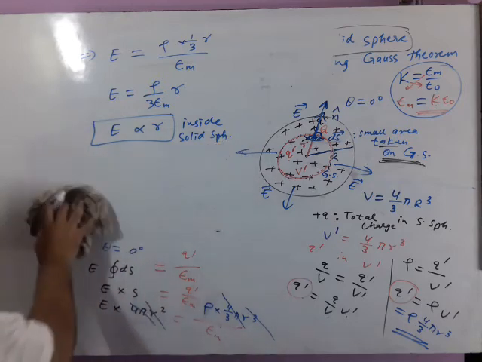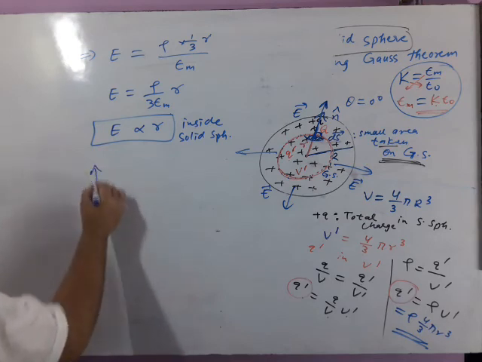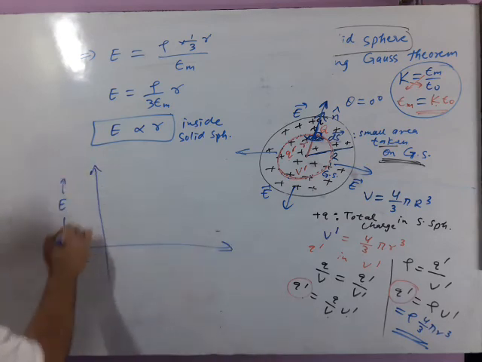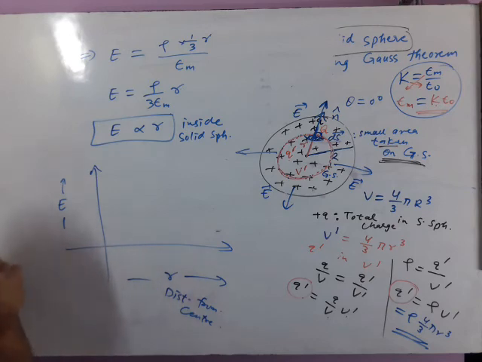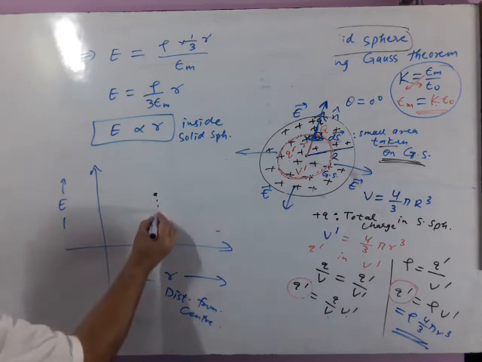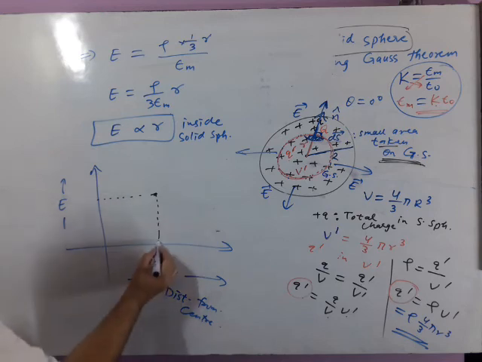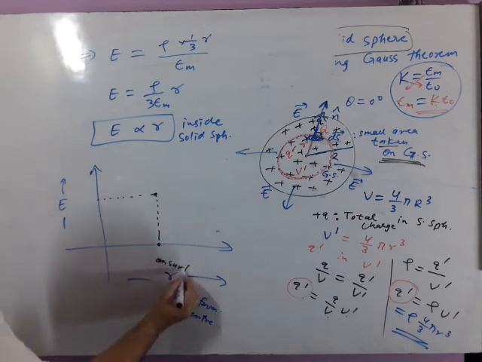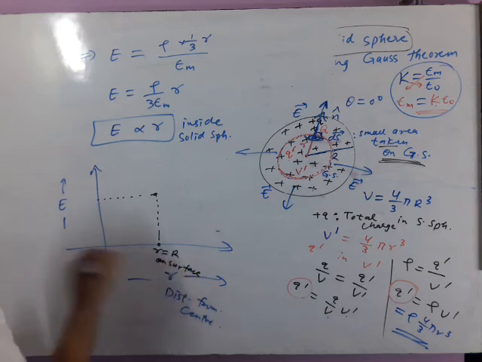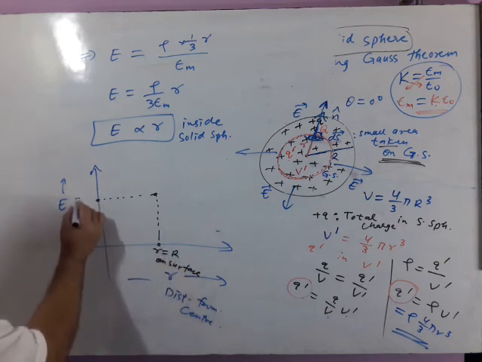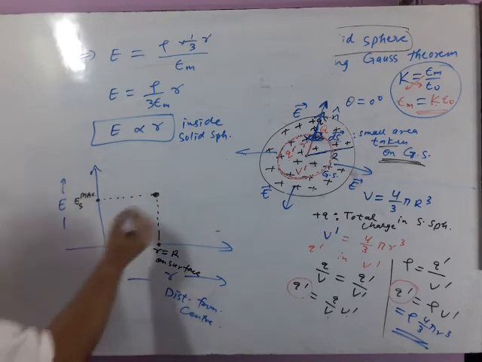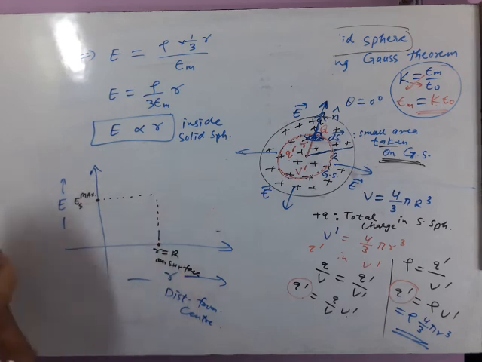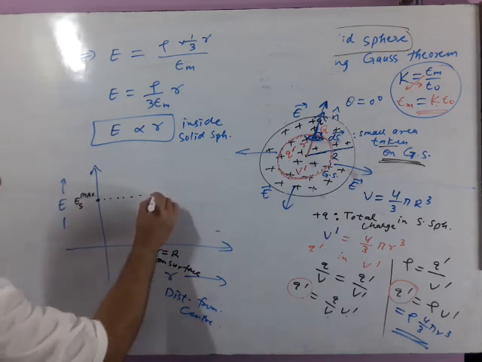So what will be the graph? The graph between the electric field due to the solid sphere and distance from the center. On the surface, small r is equal to capital R, and the electric field on the surface is maximum. I am marking this with red color: this is the field on the surface.